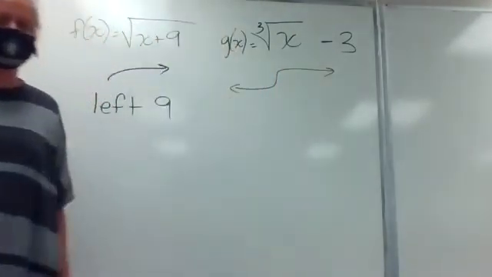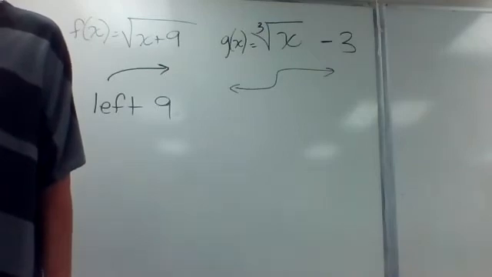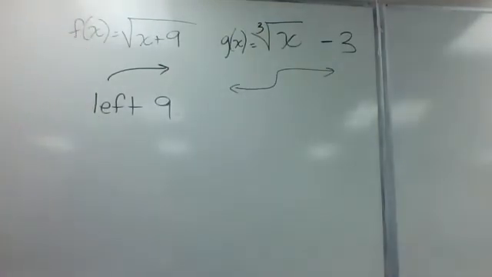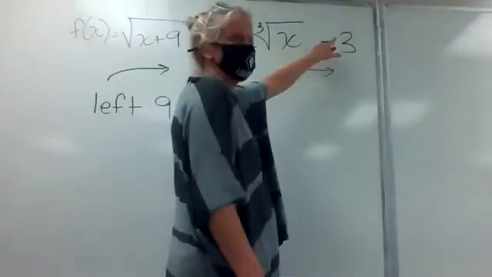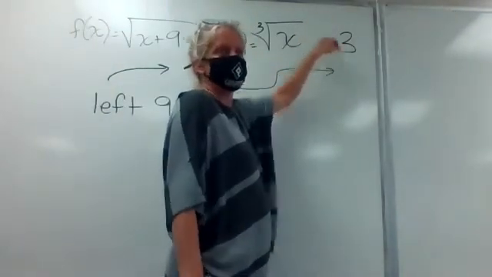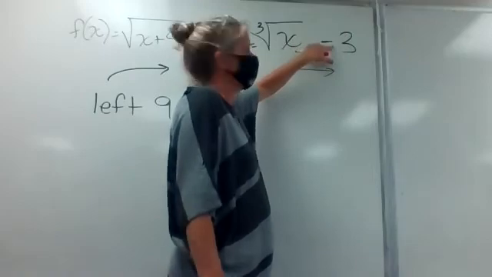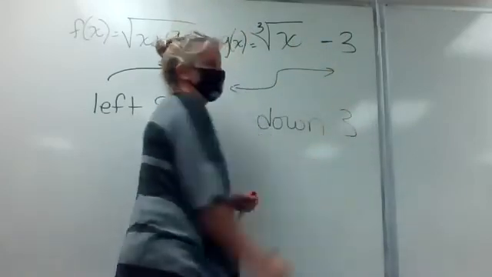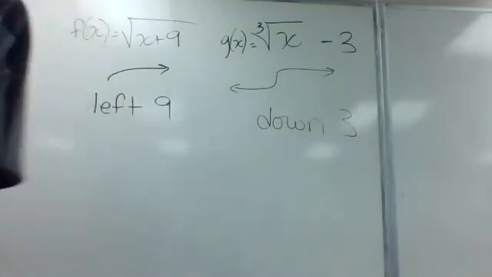Root graphs look like that, kind of. This is an outside number, which is an up and down shift. Outside numbers shift you up and down. You go with the sign. So I'm shifting that one down 3.